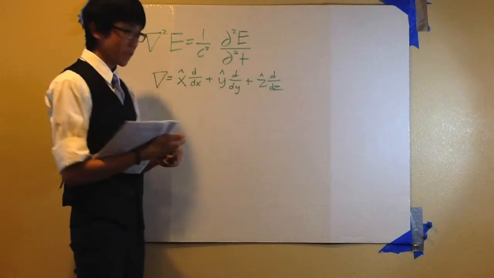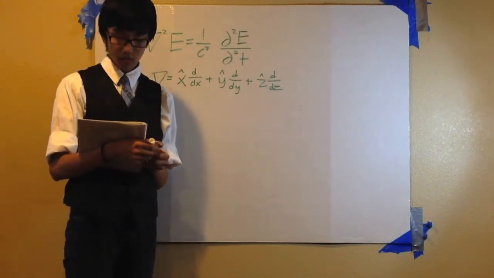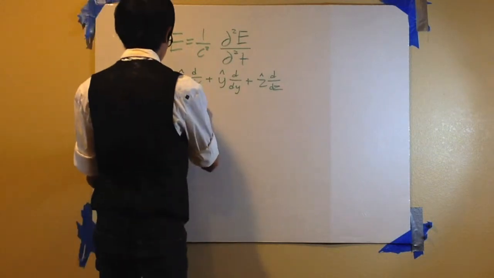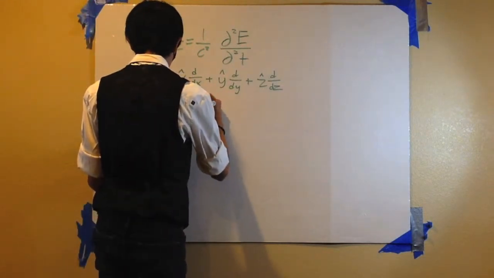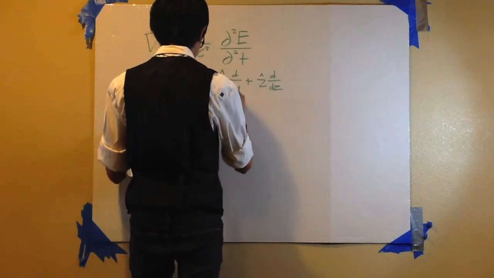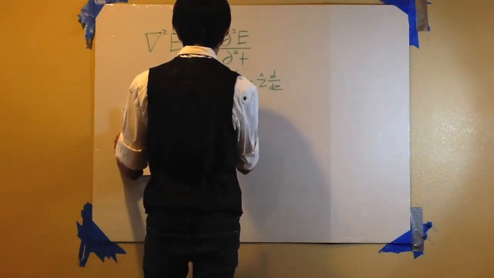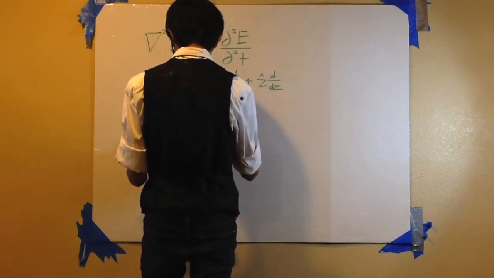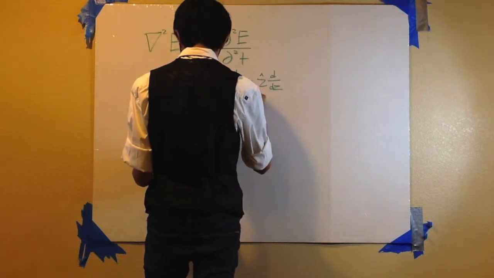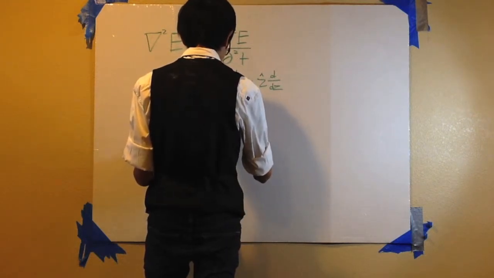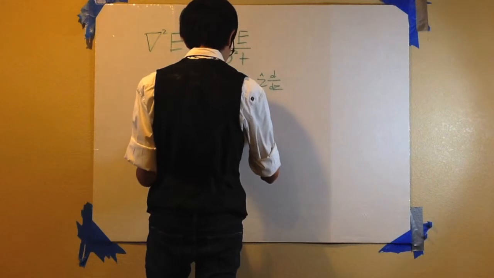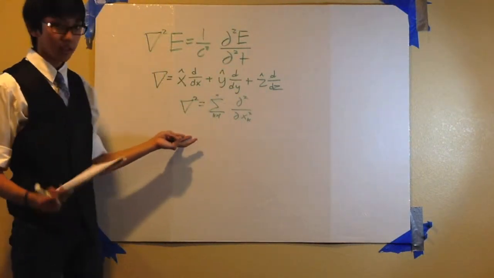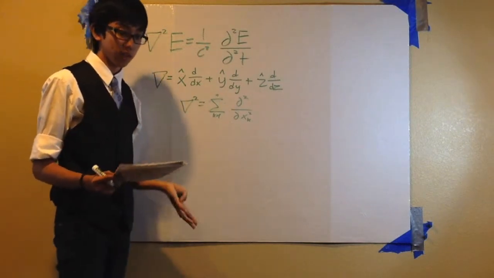Well, that might look a little bit confusing too. So what people usually do is they take del and they take the square root, which is equal to the summation of this equation. Now this equation is how we plug it into how we describe the motion of a wave.